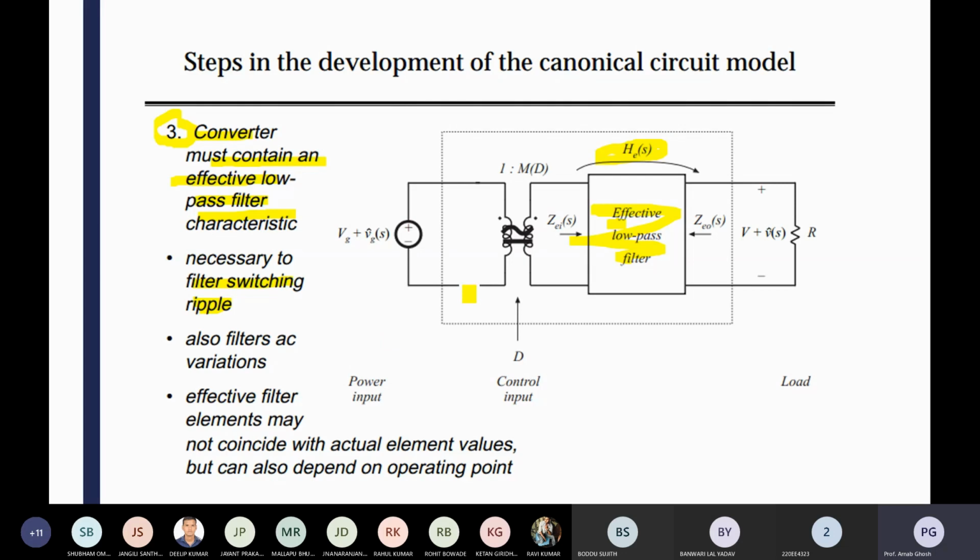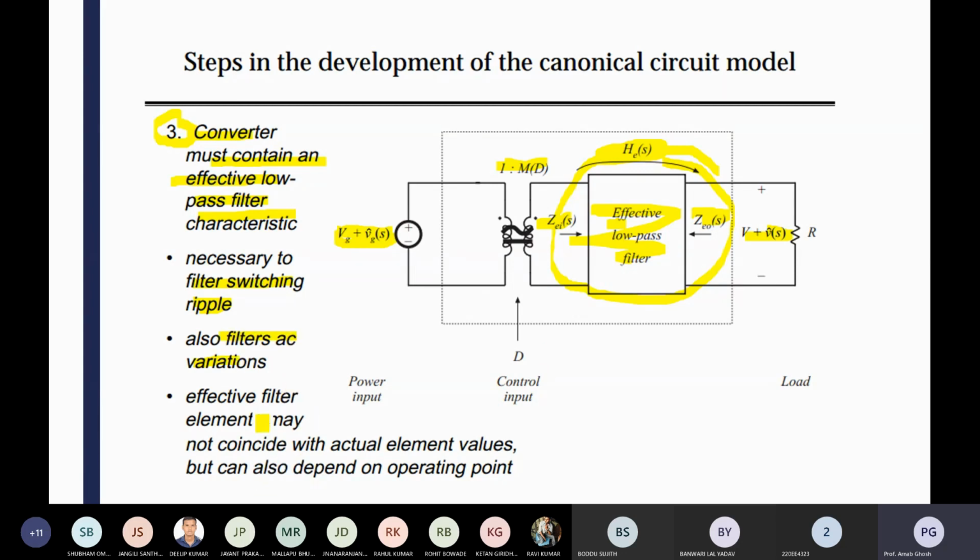You can understand the input side: VG plus VCAP G, then 1:MD. JDIS and JD0S are also there, meaning input and output. The Z parameter for input and output is in transformerized form, and the output is the same. The new thing is that you are inserting one effective filter, which also has AC variation along with the DC variation.